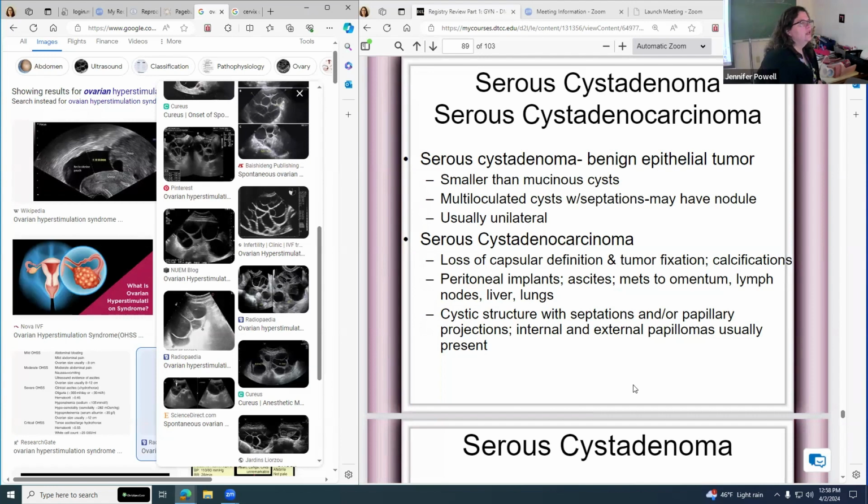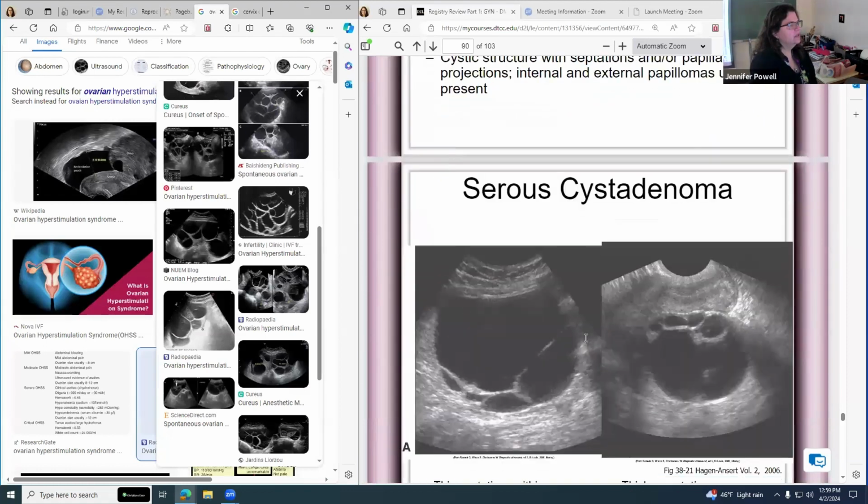Cystadenocarcinoma: loss of capsular definition and tumor fixation, calcifications, peritoneal implants from metastasis, ascites, mets to the omentum, lymph nodes, lungs, liver, or liver and lungs. Cystic structure with septations and/or papillary projections, internal and external papillomas usually present.